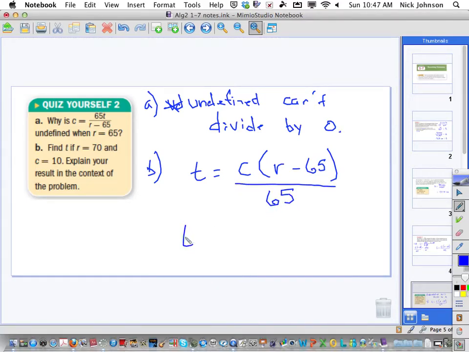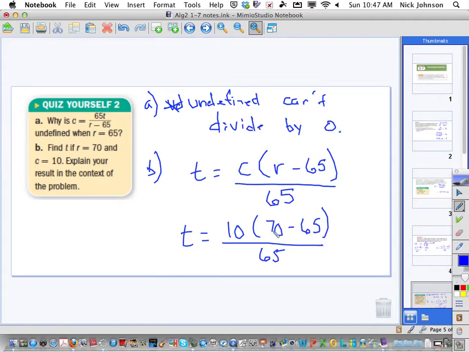So T equals, C is 10, R is 70, divided by 65.